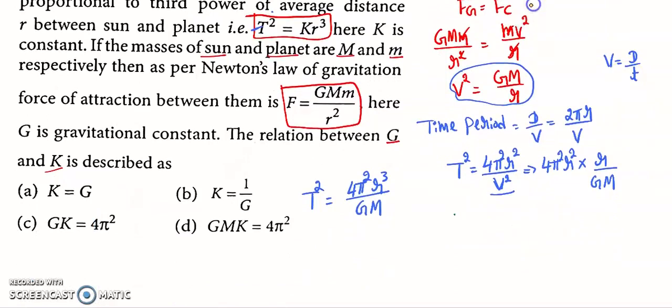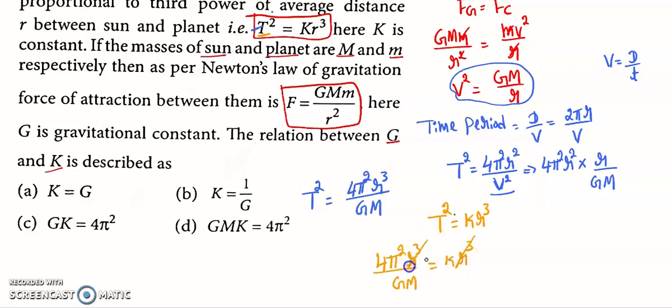The equation is T square equals k r cube. So T square, 4 pi square r cube divided by capital GM, equals k into r cube.